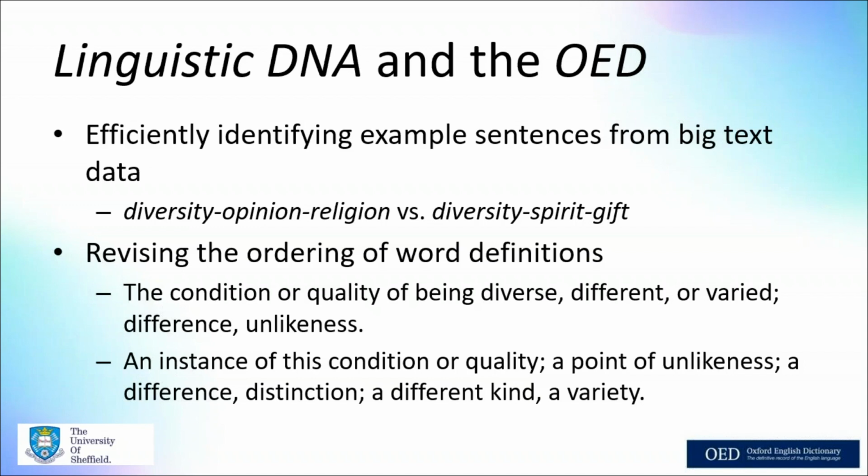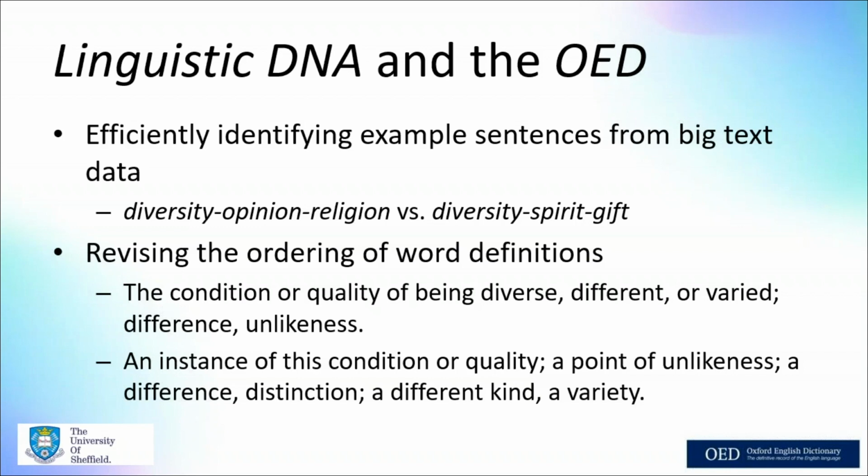So if a lexicographer is interested in writing an entry on the word diversity, what a typical lexicographer might do for 16th and 17th century historical examples is to go into EBO TCP and to search all of the thousands of examples of the word diversity and to search through for the appropriate example sentence for a given meaning. And of course, by searching instead for trios around the word diversity, you can immediately narrow down your examples to much more specific types of meaning and much more efficiently find an example sentence.